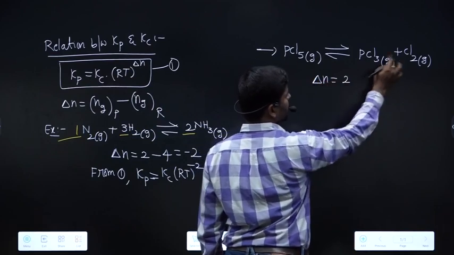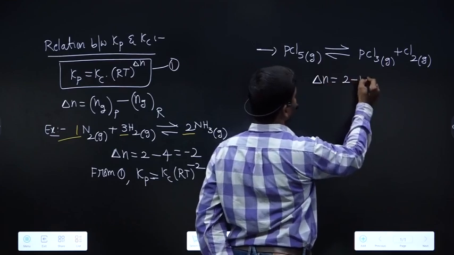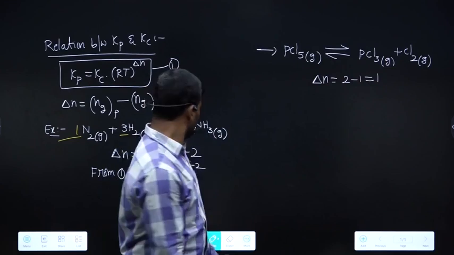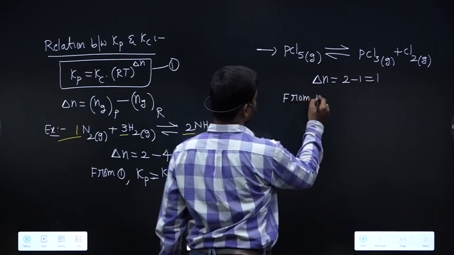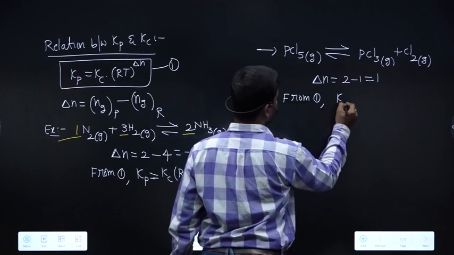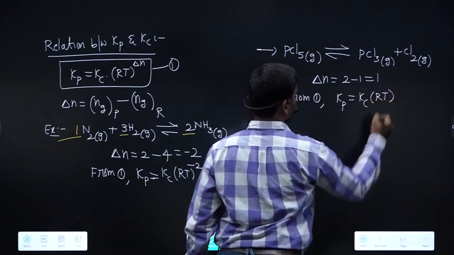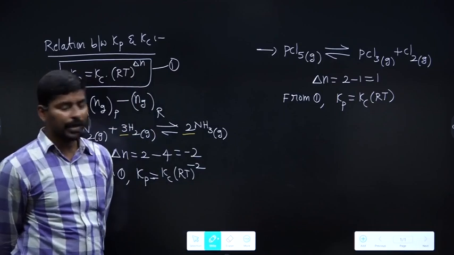Product side, how many moles of gaseous substance do we have? 2, 1 plus 1. Reactant side 1. So delta n value is 1. Therefore from 1 we can write Kp is equal to Kc into (RT) whole power delta n, and delta n value is 1, so Kp is equal to Kc into RT.